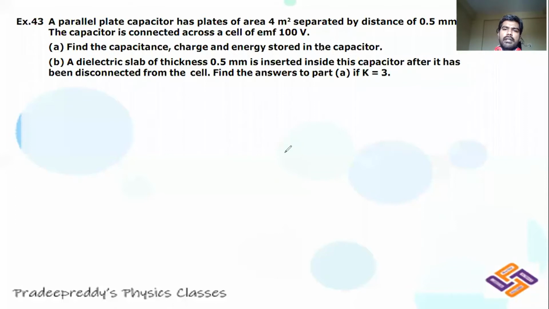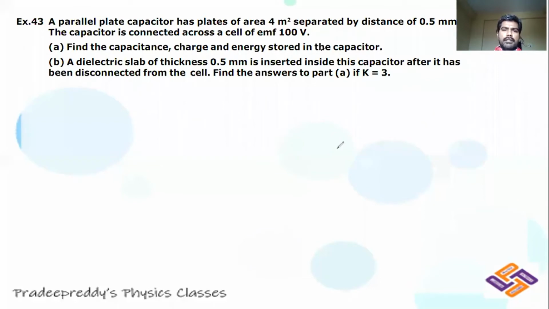We have learnt the effects of dielectric medium on charge, potential, electric field, as well as electric potential energy with battery connected and battery disconnected. We will solve one example based on that concept, and then we will move on to the next concept.